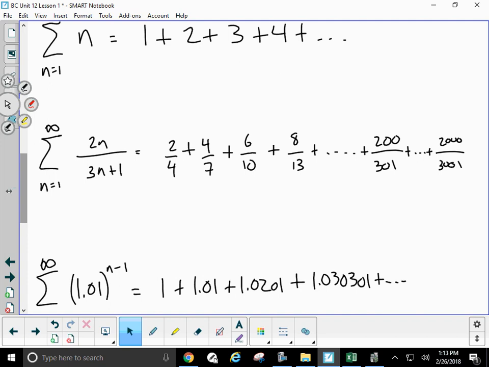But let's just look at the terms. If you're just looking at the a sub n's, the terms, how can we tell just by looking at the terms that these 3 series will diverge? Discuss with your neighbors.